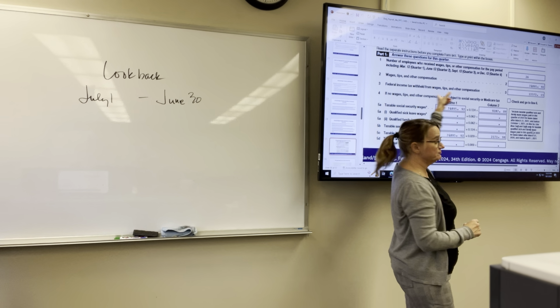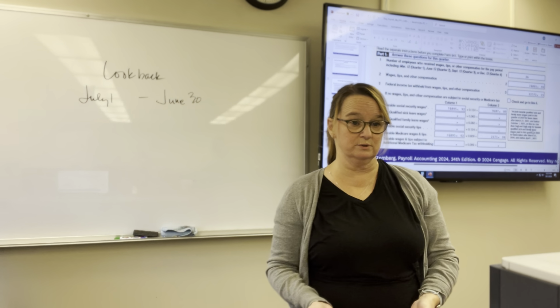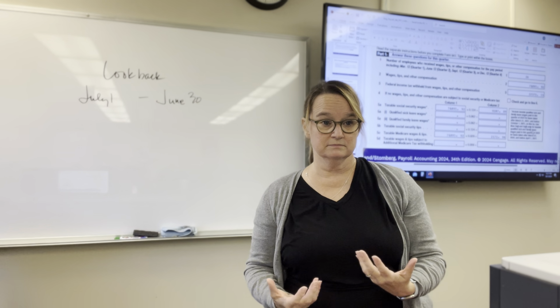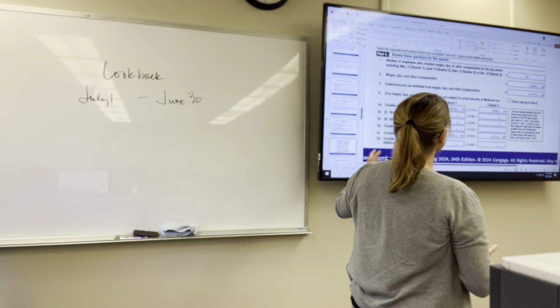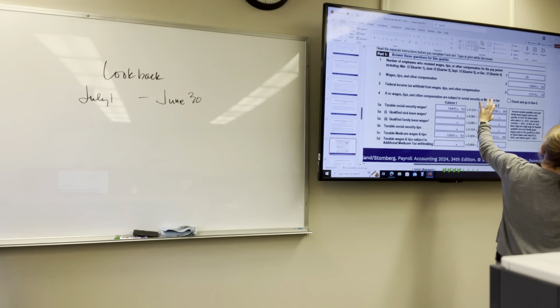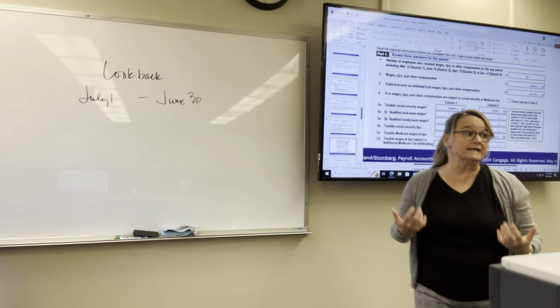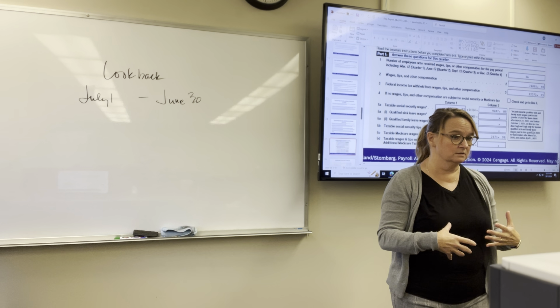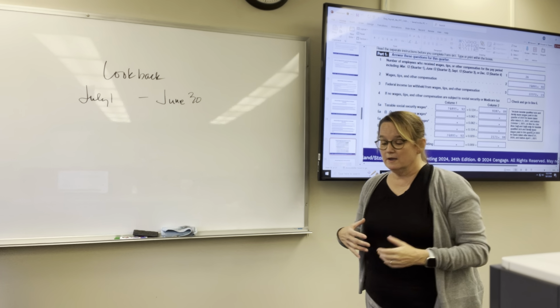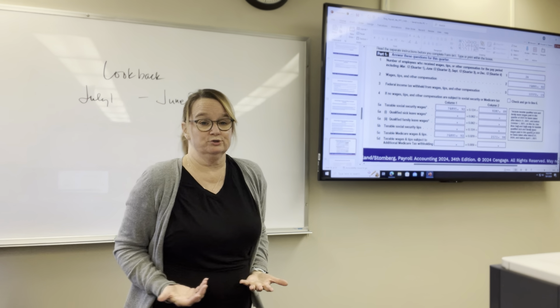Next line is federal income tax withholding. Right now, in Chapter 3, you don't have to do any calculations for that because we haven't covered that yet. But in Chapter 4, you are going to have to do some calculations. So, how much in total, for all the employees during that quarter, how much income tax withholding did you withhold from their checks?